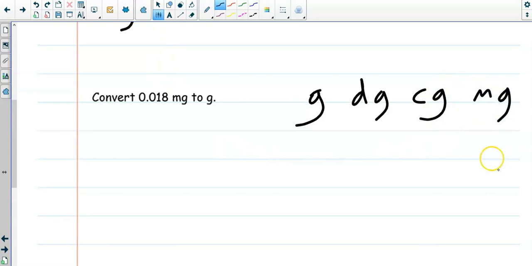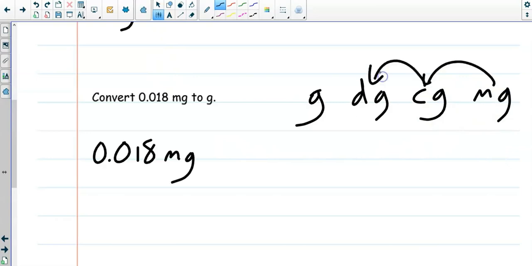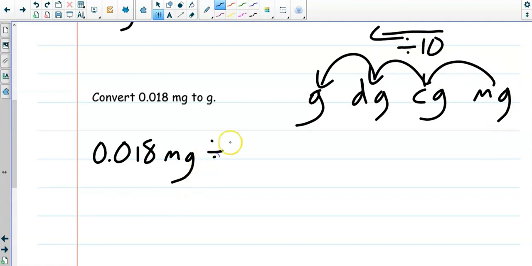So we're going like this. We are moving to the left. When we move to the left, that means we divide by 10. How many times did we move to the left? 3 times. So we're going to take this number, divide by 10, divide by 10, divide by 10, and that will tell us how many grams we have.